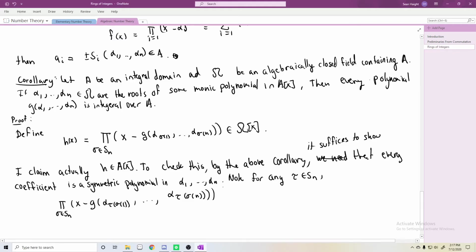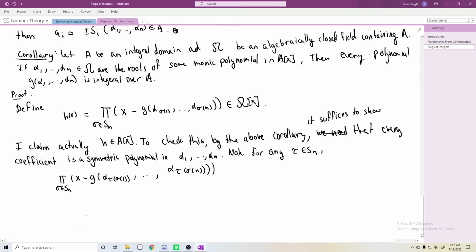This is like a standard thing, maybe you might see in a representation theory class, or really in any kind of group theory class, where if I'm somehow averaging over elements of the group and I left multiply by a single element of the group, the whole product or sum or whatever I'm averaging remains unchanged. So that this really can be written as a product over sigma prime now, g of alpha sigma prime 1 through alpha sigma prime of n.